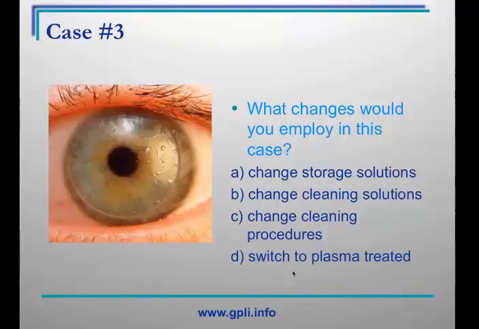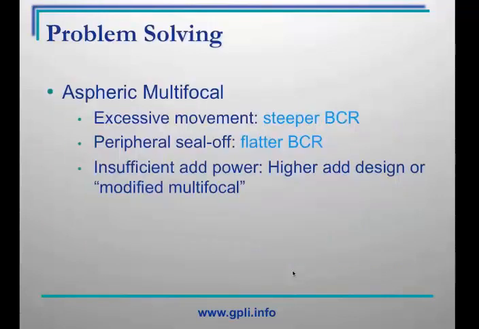So staying with the rule of threes and troubleshooting the aspheric multifocal, if the lens is moving too much, just go with a steeper base curve. I'd steepen the base curve by a good half diopter. If there's peripheral seal off, that may require either to flatten the peripheral curve or more likely flatten the base curve.